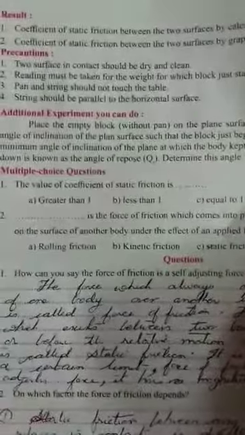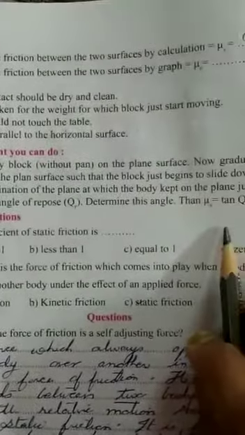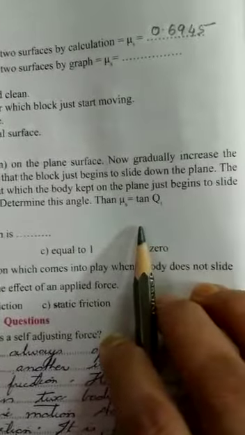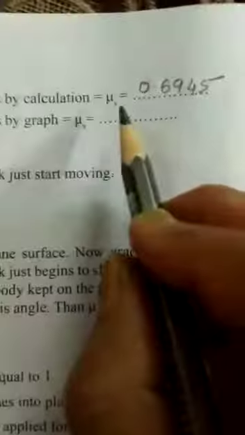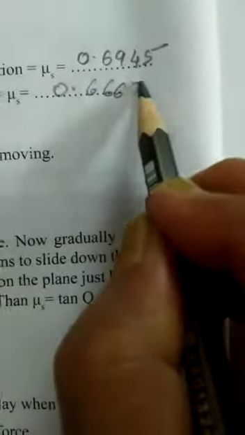So in the result, the coefficient of static friction between the two surfaces by calculation is 0.6945, which we had got. Now by graph we got it as 0.6667, which is almost the same. So that's all for coefficient of static friction.